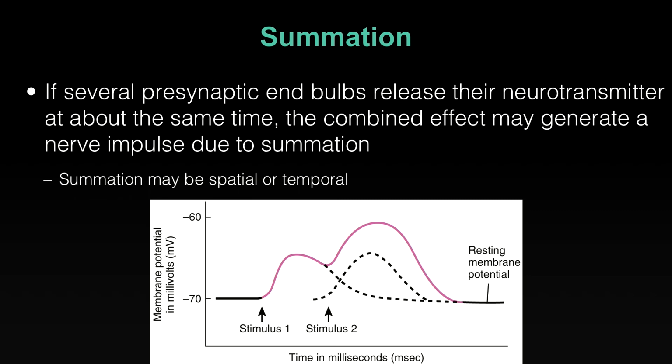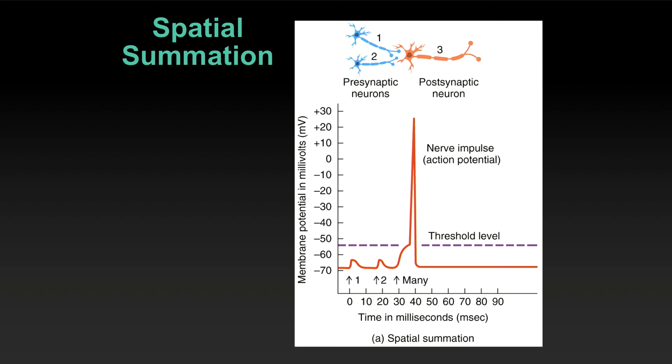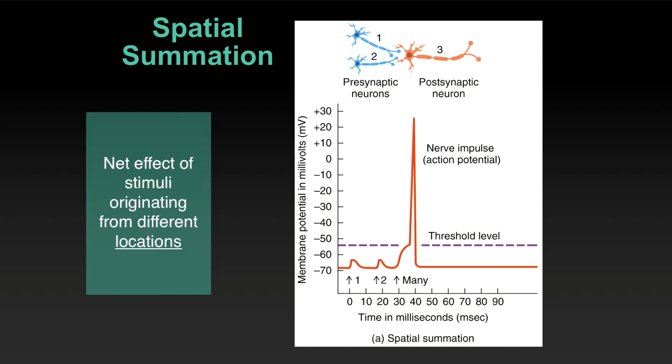Summation in one postsynaptic neuron can be of two forms. It's either positive or negative, but it can happen in two ways. The first way is spatial summation. So we can get two excitatory graded potentials from different locations.